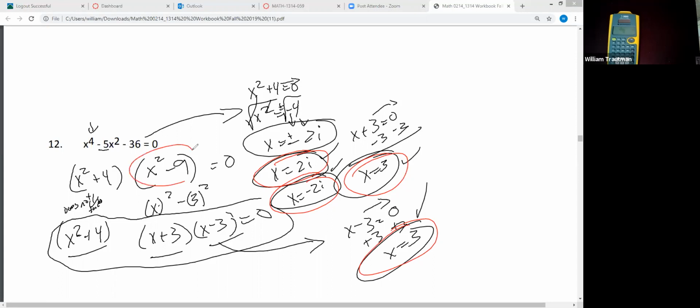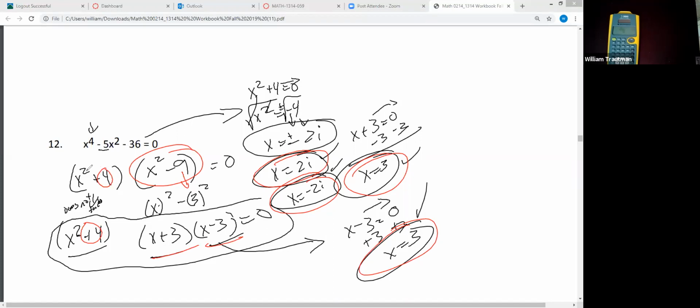Don't forget, if you have a minus in 2 terms, and this is a perfect square where you can find a square, then you have to factor it again. A plus, you cannot factor it. Or if this was like a 5, not a perfect square, you couldn't factor it anyway. So we do have four answers for this problem.